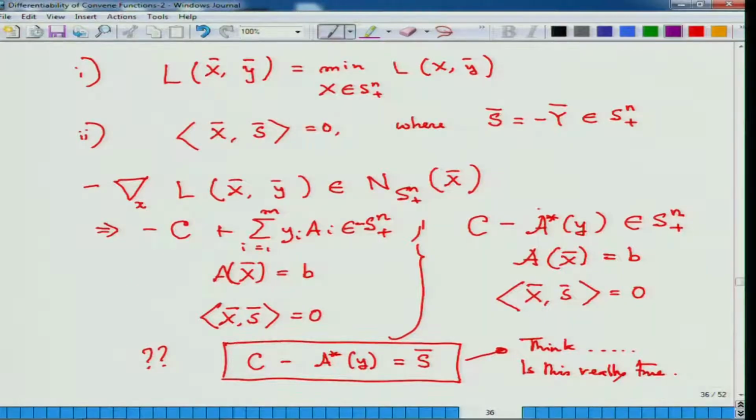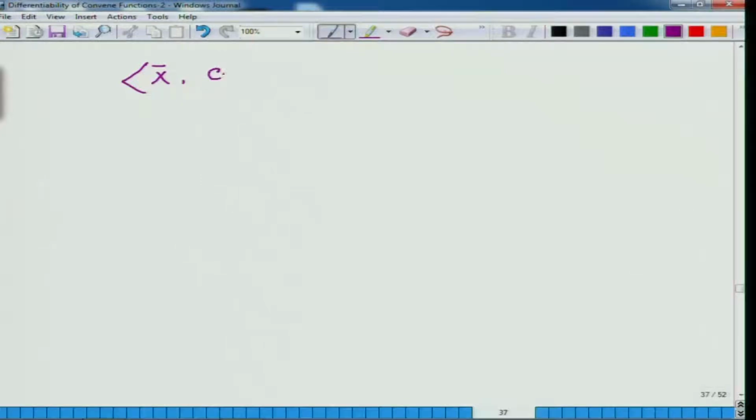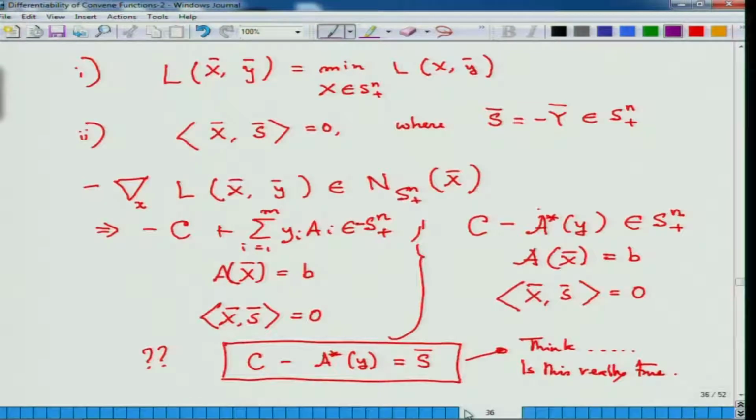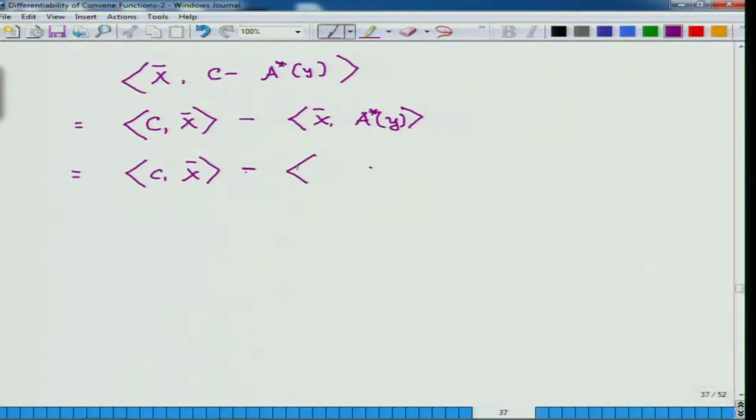So, what we can show is that if you look at x bar and C minus A star y, then you would clearly see one thing, that this is nothing but C x bar minus x bar into A star y, and by the definition of my adjoint, this is nothing but A x bar y.